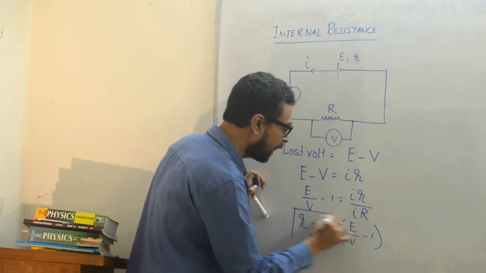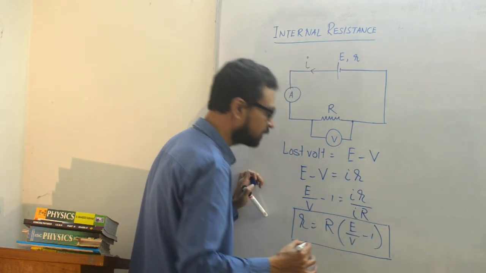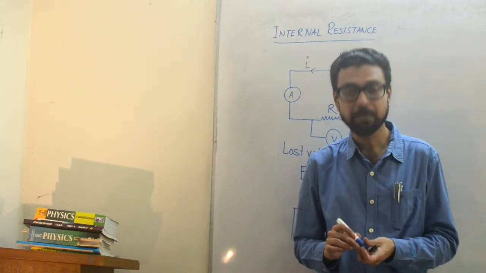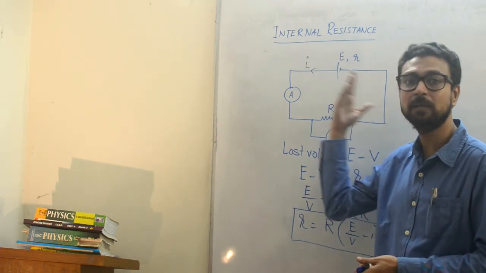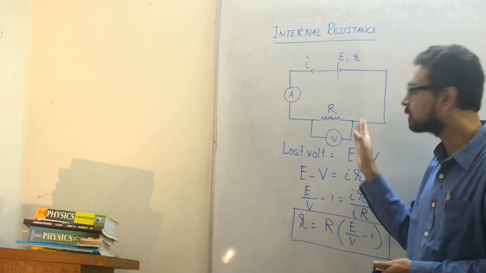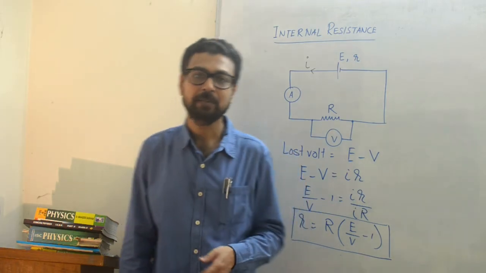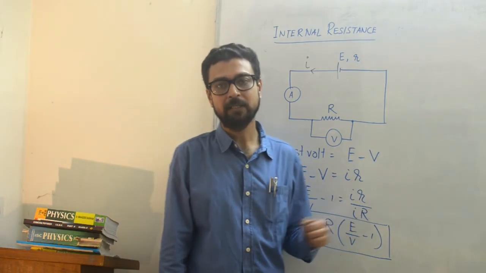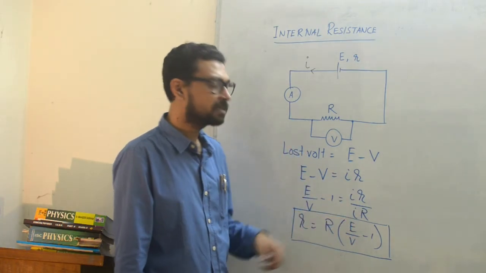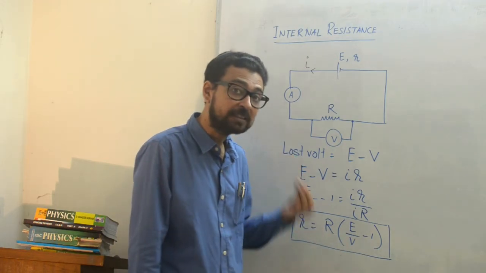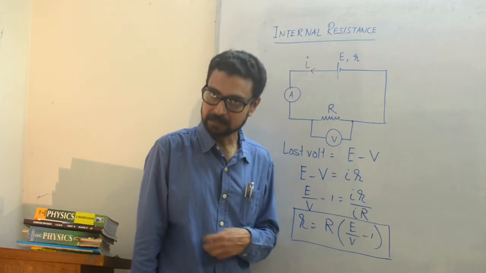So we have a simplified expression to calculate the internal resistance of this cell using this circuit: small r equals capital R into (E by V minus 1), where E is the EMF marked on the cell and V is the potential retrieved within the connected circuit.